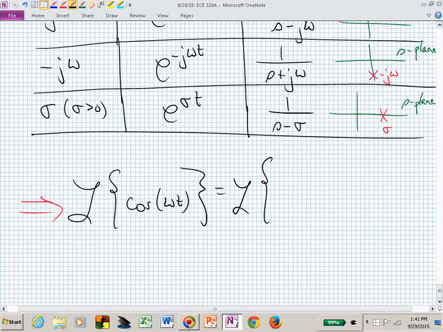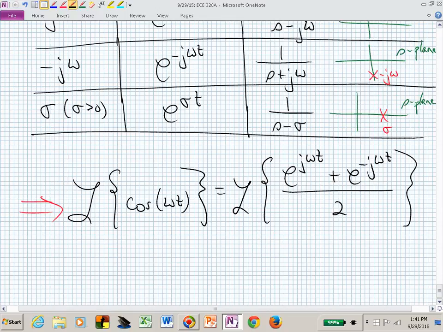Cosine omega t is e to the j omega t plus e to the minus j omega t over 2. You remember that? That's the cosine.